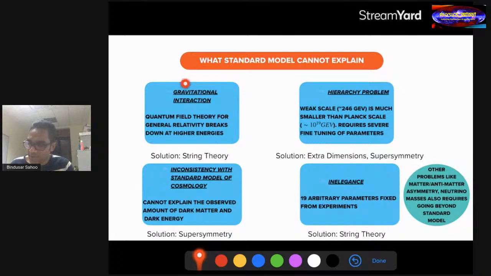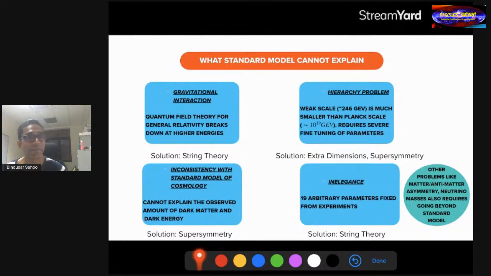The first drawback of the standard model is that it does not incorporate gravitational interaction. The standard model relies on the framework of quantum field theory, and the framework of quantum field theory breaks down for general relativity at higher energy. Gravity is described by Einstein's general relativity, the classical field theory that explains gravity.